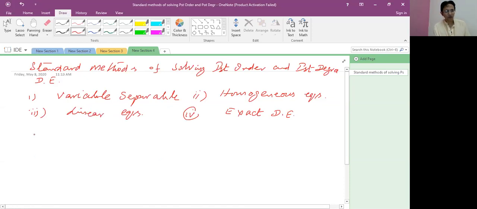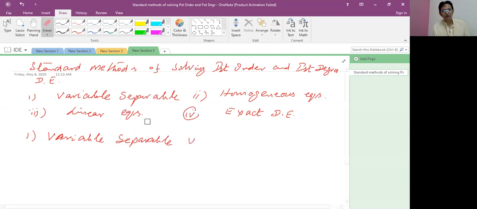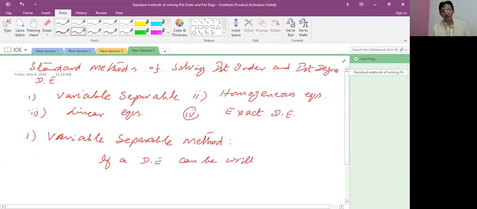So first we will consider today, student, the variable separable method. It is an easy method, student. It means if a differential equation can be written as f of y into dy equals phi of x into dx.